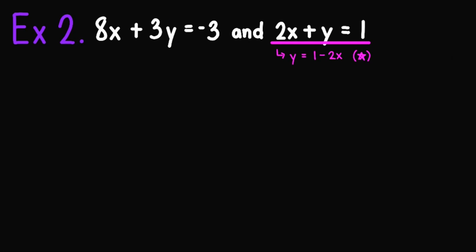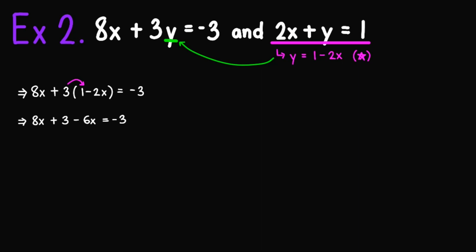From there, we use this obtained value and plug it into this equation. So we'll have 8x plus 3y, with the y here, which gives 8x plus 3 times 1 minus 2x equals negative 3. We then solve for x. Let's start by distributing 3 to the expression inside to obtain 8x plus 3 minus 6x equals negative 3.